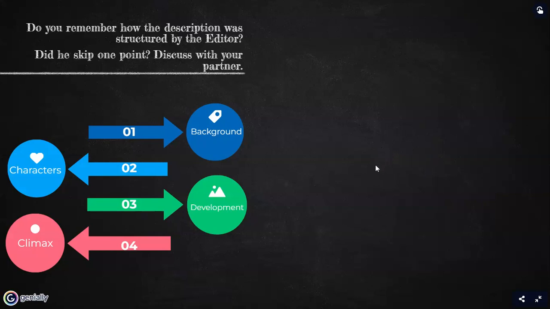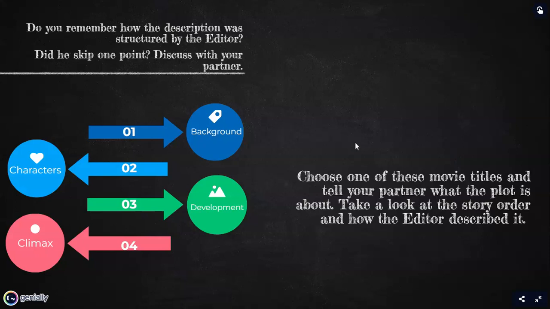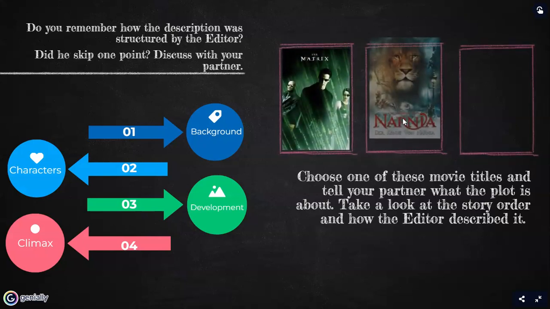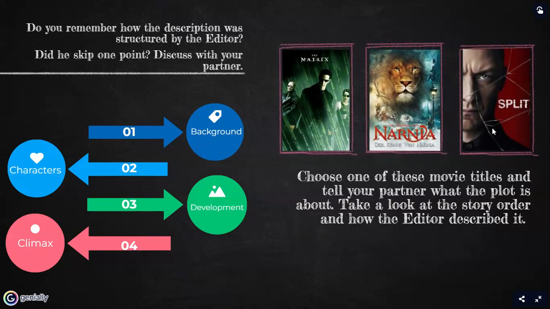This is the warm up. They're going to describe to their partners the pictures, and the ones that you have here are Matrix, Narnia, and Split. So this presentation is already ready for your class.